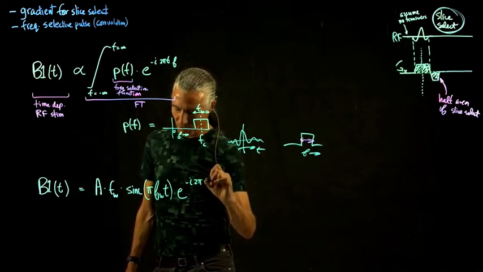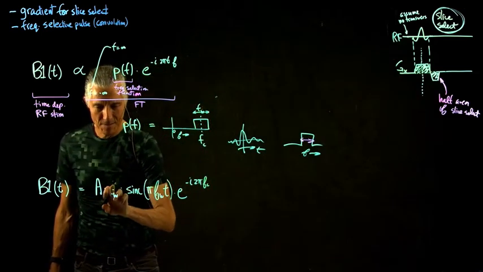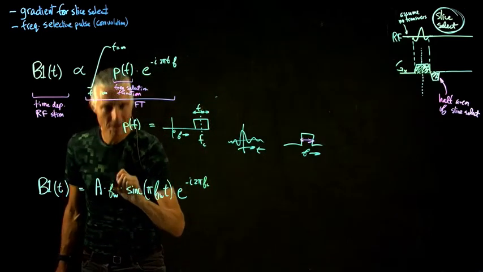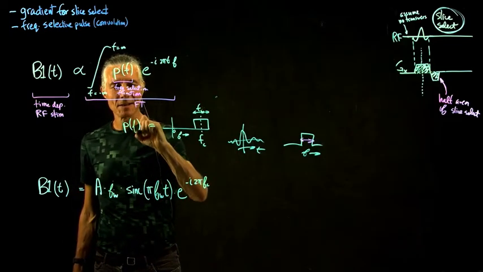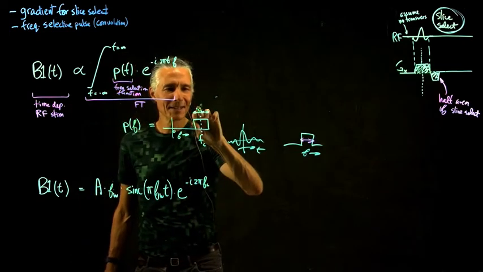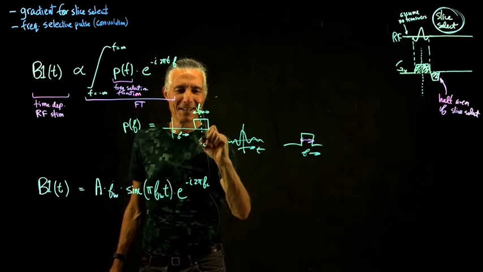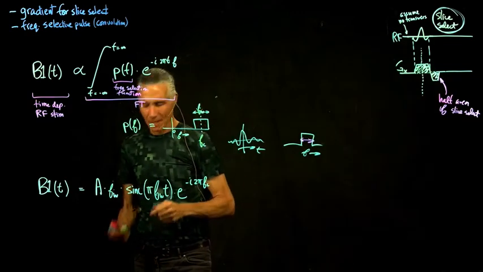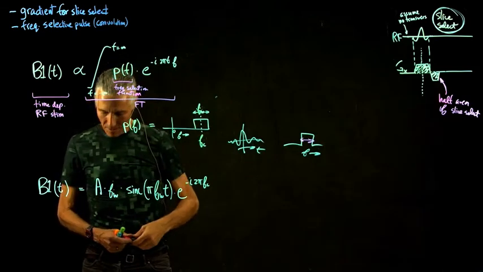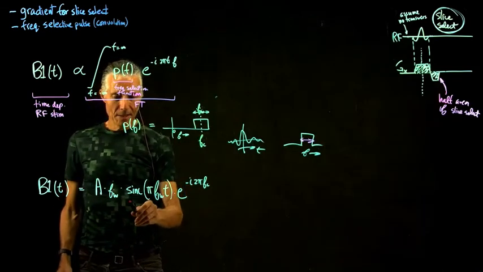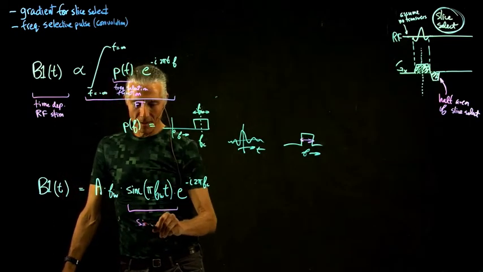So this is 2 pi fc. Okay. Yeah, so this is just a single frequency. So what do we have here? This thing is a sinc envelope.